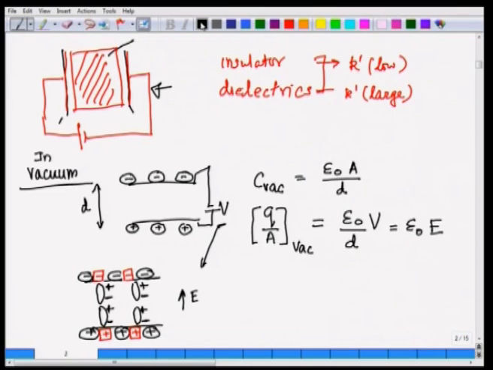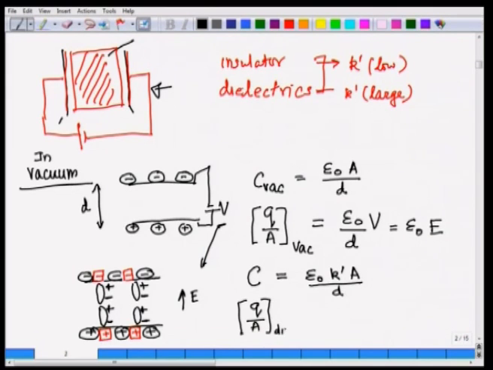If I write the capacitance, you very well know this capacitance in this case is given by epsilon naught, the dielectric constant, times area divided by d. And now, if I want to write Q by A in this case, what will that quantity be is what we want to write.